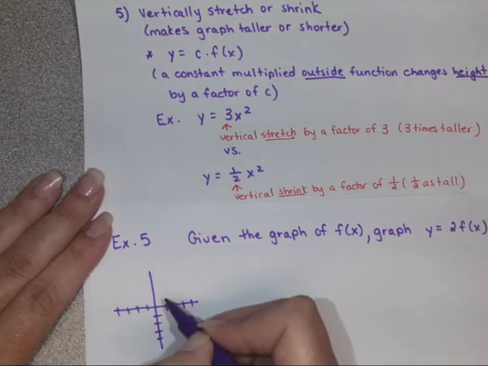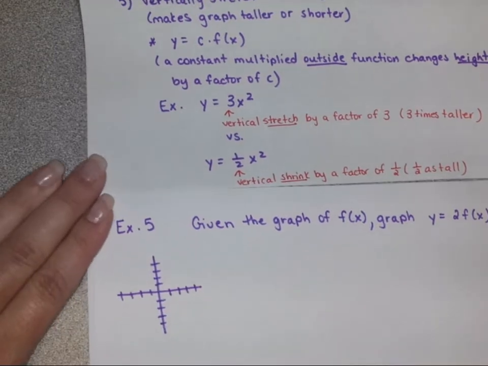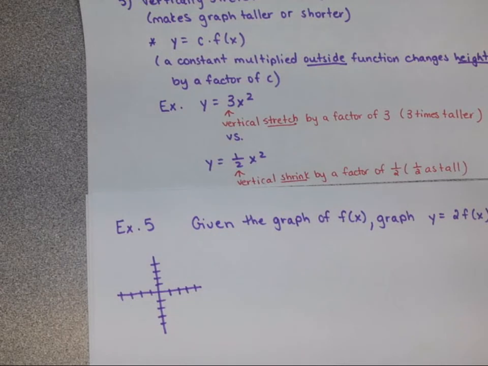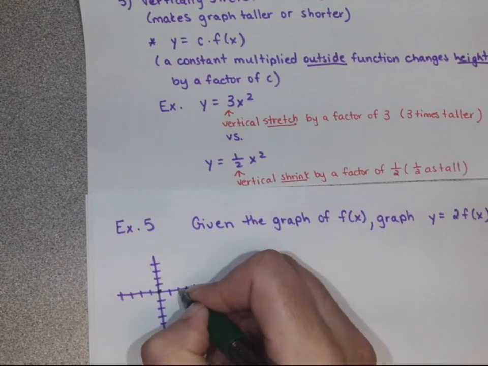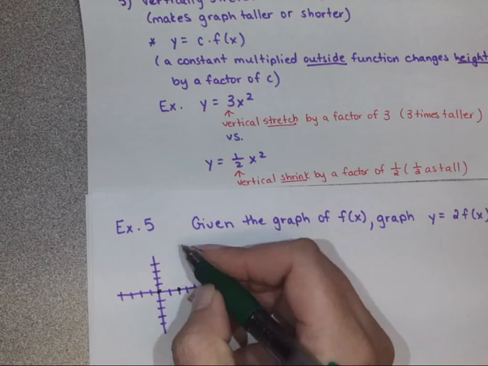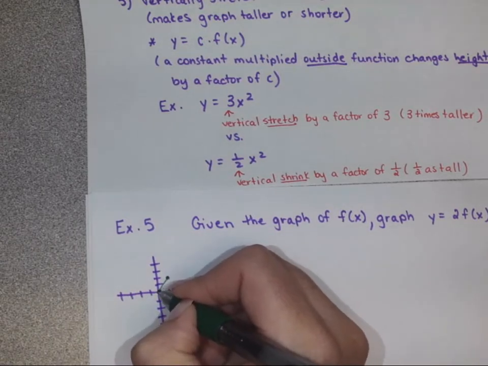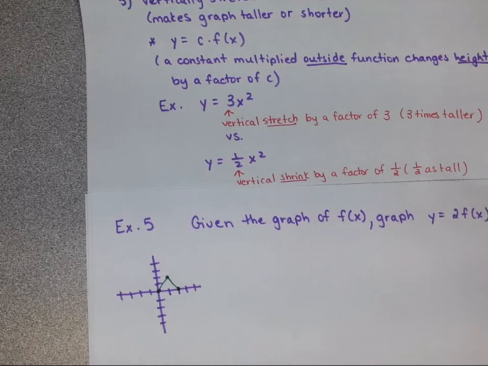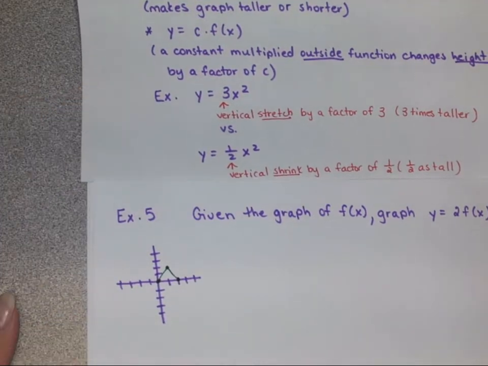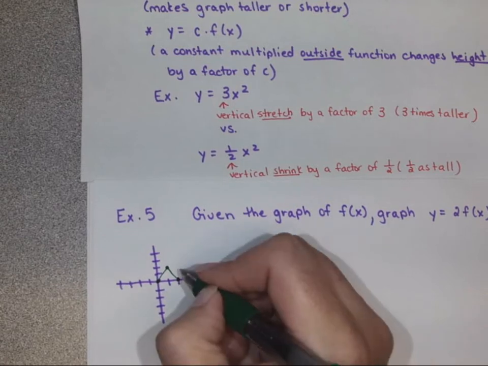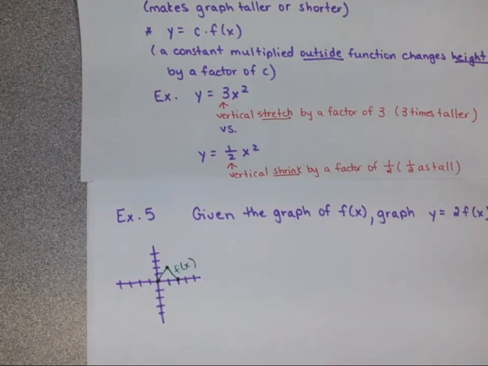So first, you wouldn't be able to do this problem without either an equation or a graph of some sort. So let's make an even simpler triangle this time. Put a point at 0, 0, at 2, 0, and let's put a point at 1, 2. So instead of a lopsided triangle, it's just a nice even triangle. And let's say that I tell you that this is f of x.